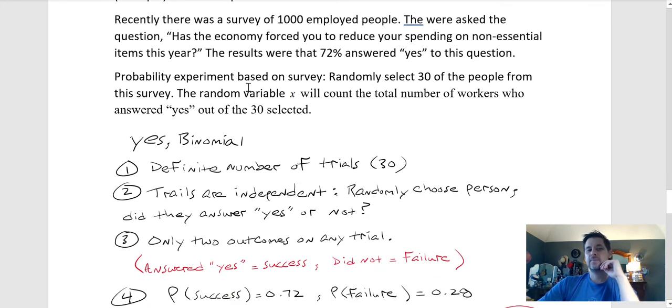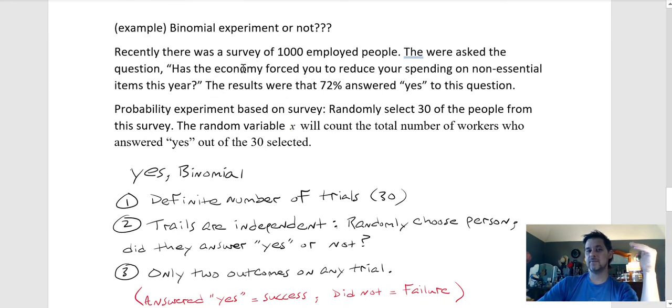Let's say now this experiment is based on a previously done survey. There are two aspects to this example: a survey to gather some information, and then a probability experiment. Suppose there's a survey of 1,000 employed people, and they were asked the question, has the economy forced you to reduce your spending on non-essential items this year?